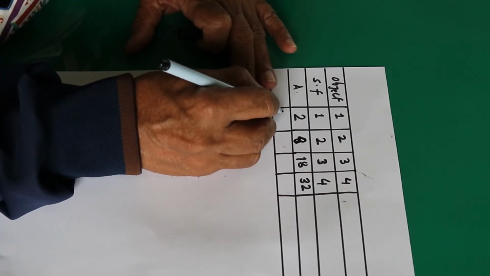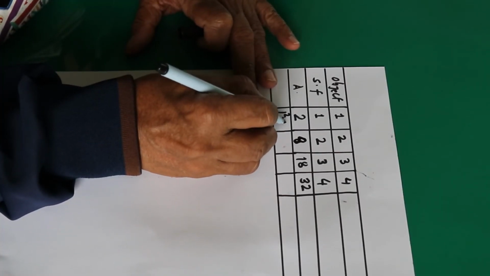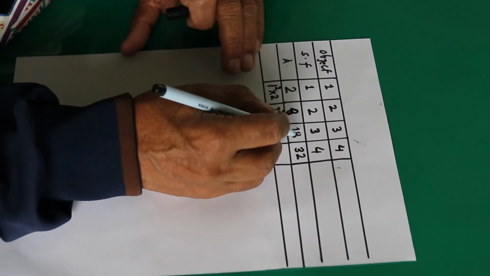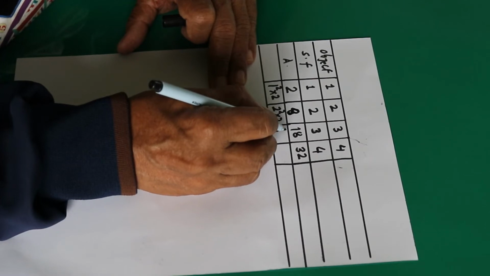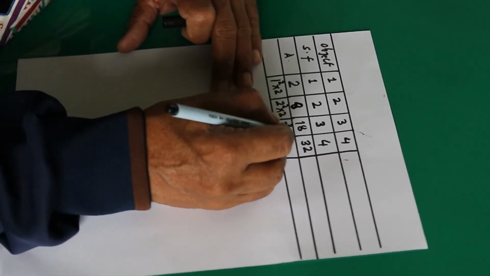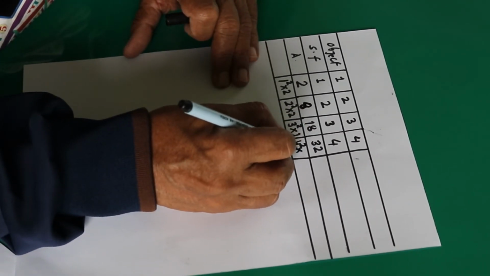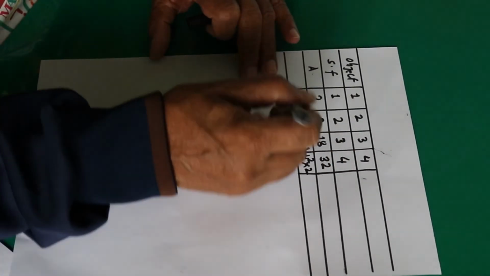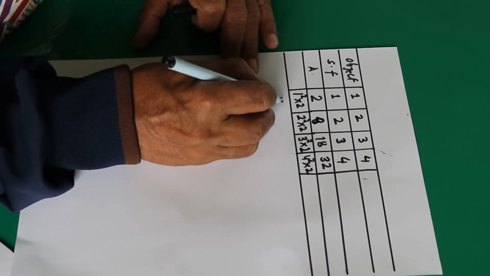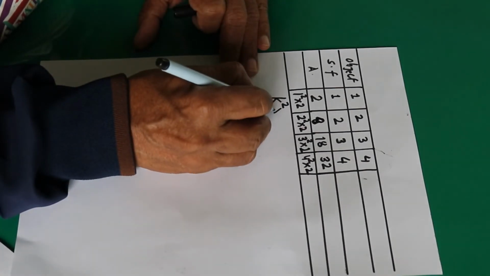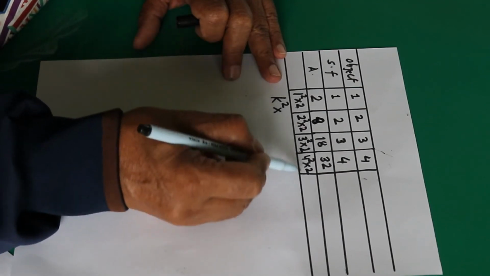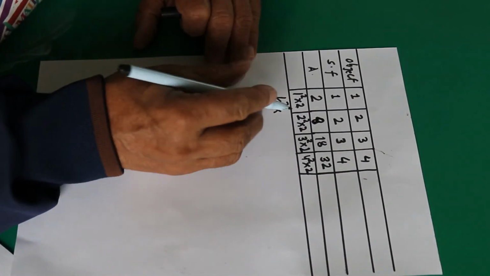This is 1 square into 2, and that one is 2 square into 2, and that one is 3 square into 2, and that one is 4 square into 2, that way. So these 1 square, 2 square, 3 square, 4 square are the scale factor square into this 2. Everywhere you can see 2. 2 is the area of the given object figure.